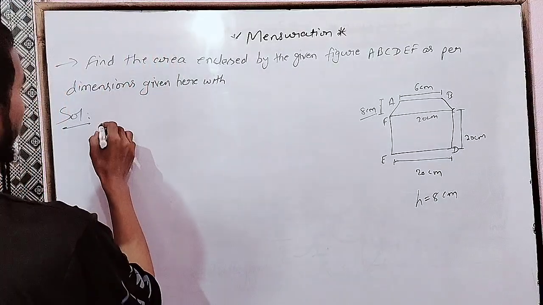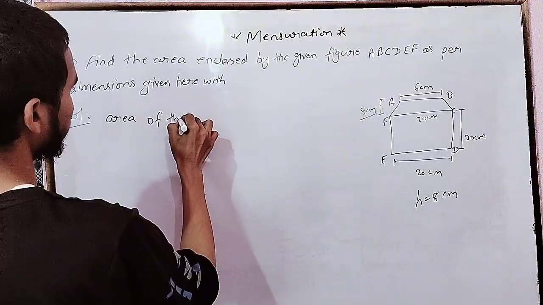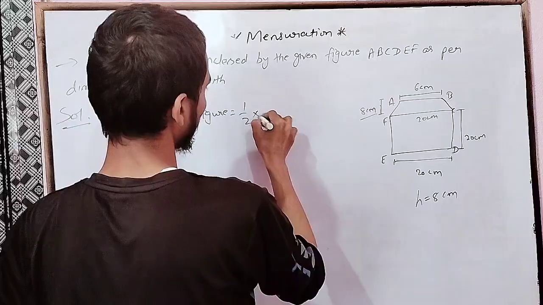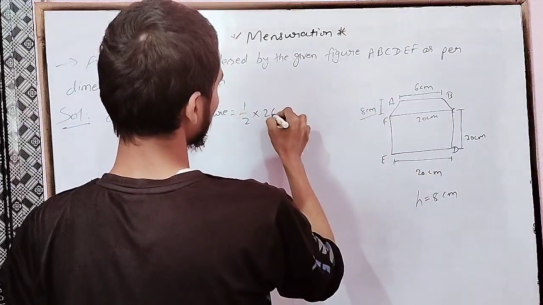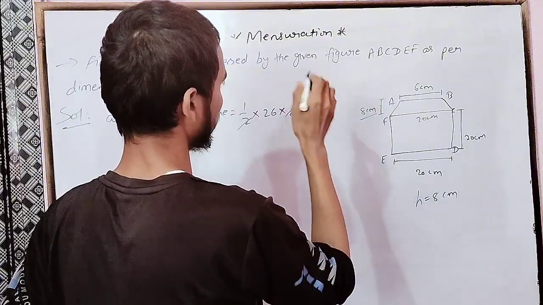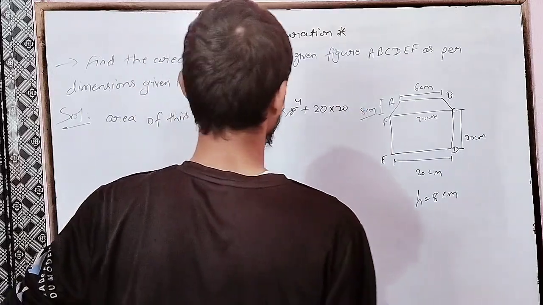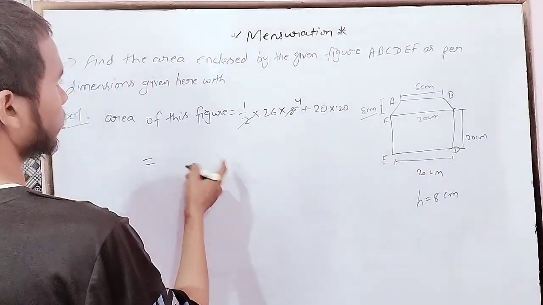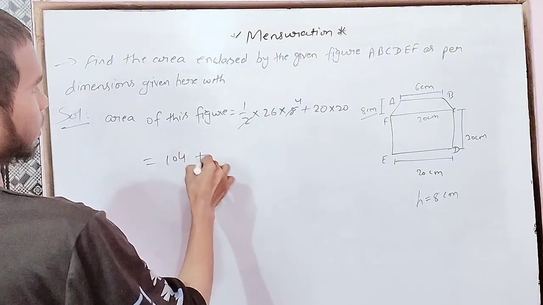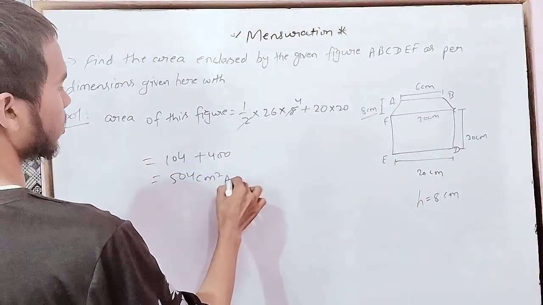First of all, the trapezoid. Area of this figure is 1/2 multiplied by the sum of 26, then multiplied by 8, 2 4s are 8, then 20 multiplied by 20. 4 6s are 24, 4 2s are 8 and 10. 504 centimeters squared.